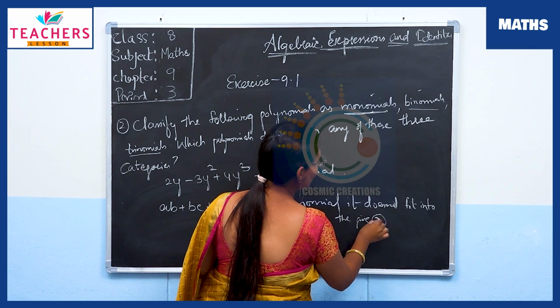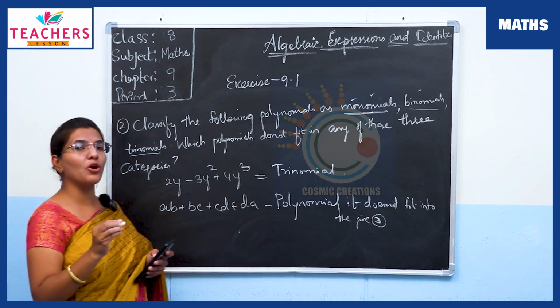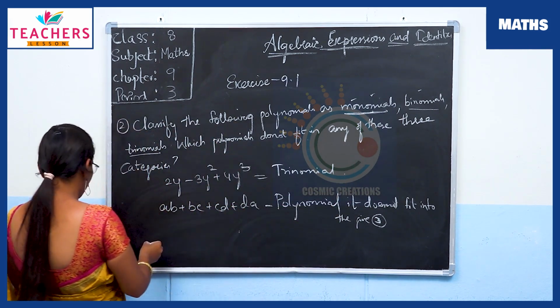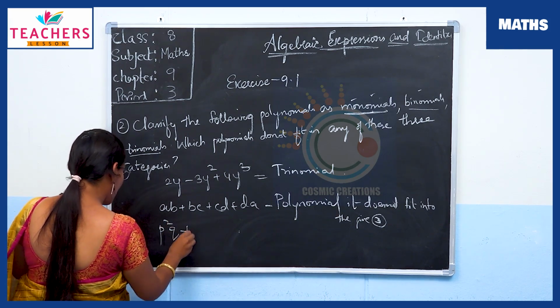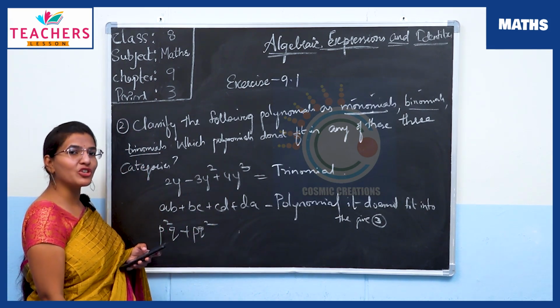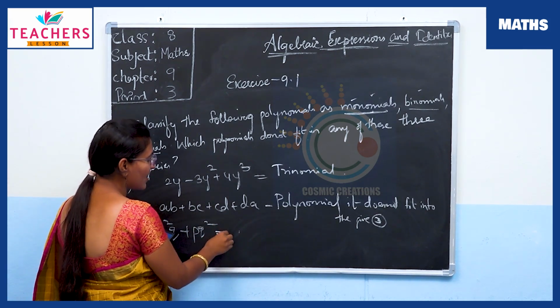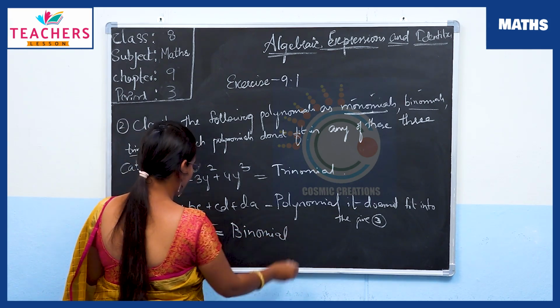They have mentioned only 3 categories, right? Monomial, binomial and trinomial. They are not asking about the polynomial. Okay. Next. P square Q plus PQ square. How many terms are there? 2 terms. So 2 terms means what is it? Binomial.